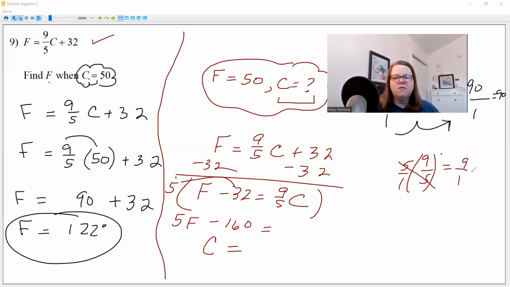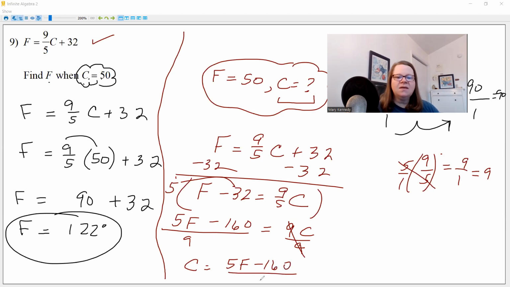That just leaves us 9/1, which is 9. So 9C, and then we would divide by 9. So C equals 5F minus 160 over 9.